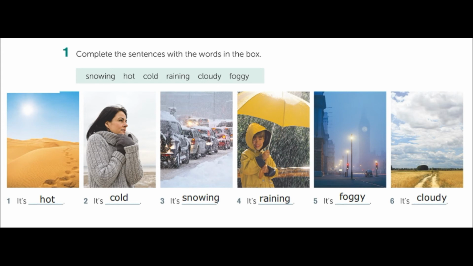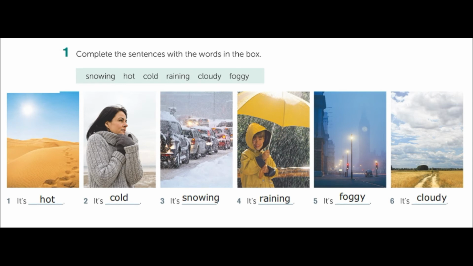What's the difference? The difference is when we use ing, we are talking about the verb. It's snowing, it's raining. And when we add the suffix y at the end of snow and rain, I change the noun into an adjective. So I say it's snowy and it's rainy. All right?